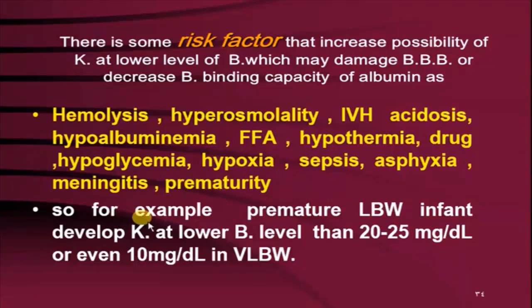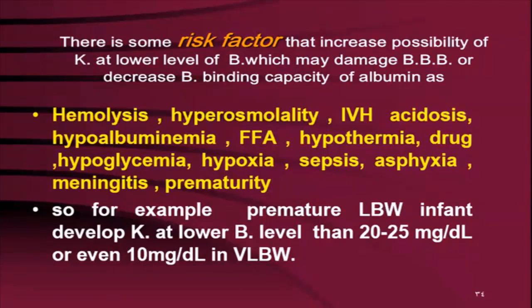So, for example, a premature low birth weight infant may develop kernicterus at a lower bilirubin level than 20 to 25 milligrams. It may develop even at 10 milligrams per deciliter in a very low birth weight infant.